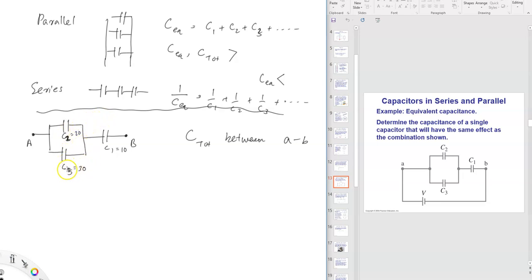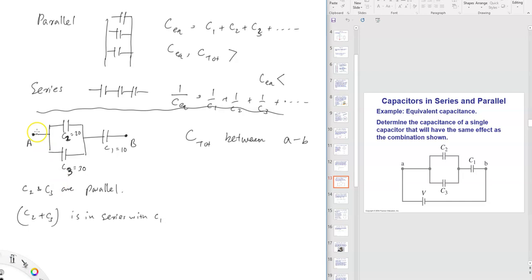Look for simple arrangements. Here you see the two capacitors C2 and C3 are parallel. And the sum of these two, C2 and C3 total, is in series with C1.